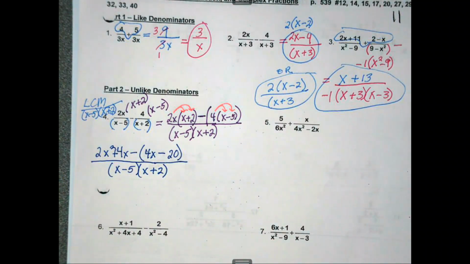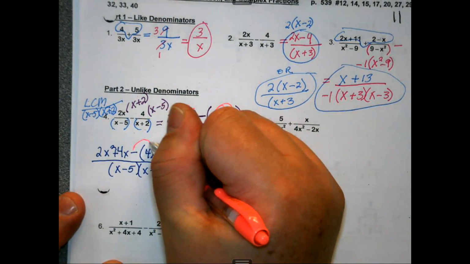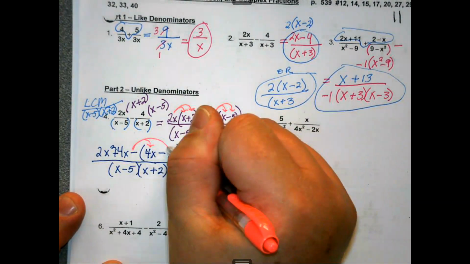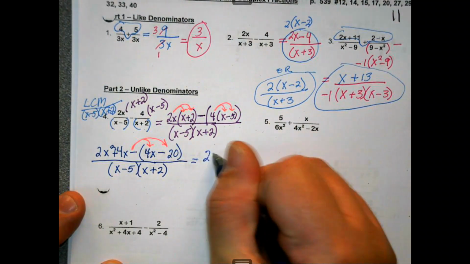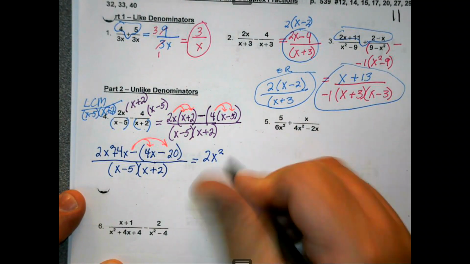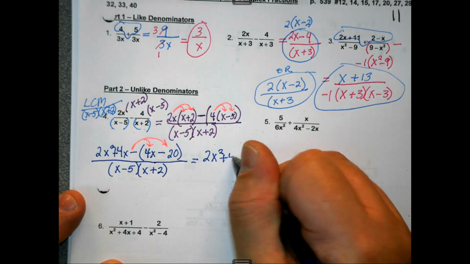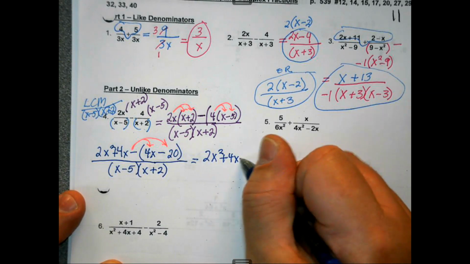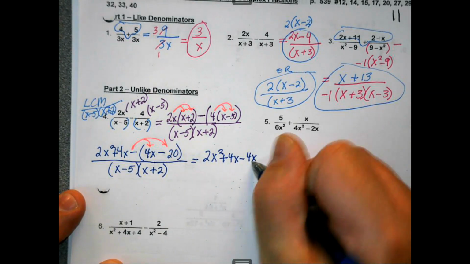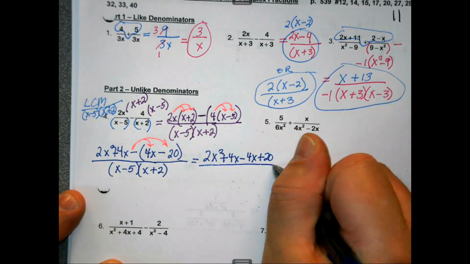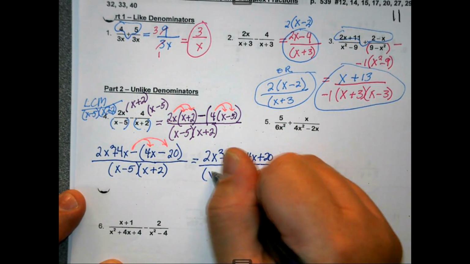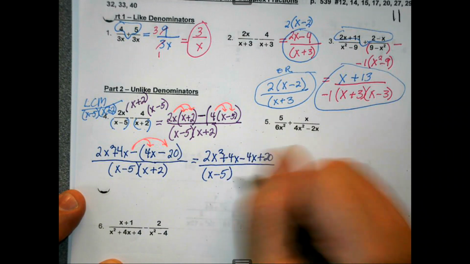Still not done with distributing because I have to distribute the negative sign. So I get 2x squared plus 4x minus 4x plus 20 all over x minus 5, x plus 2.